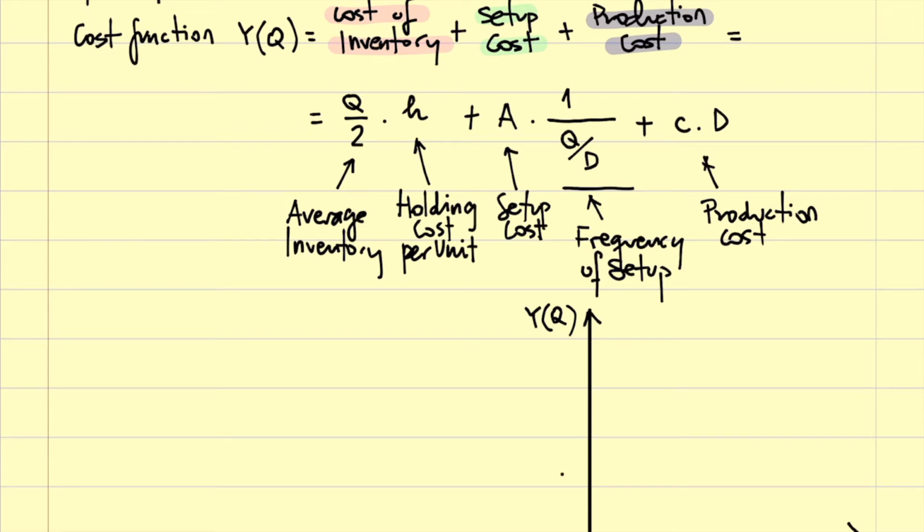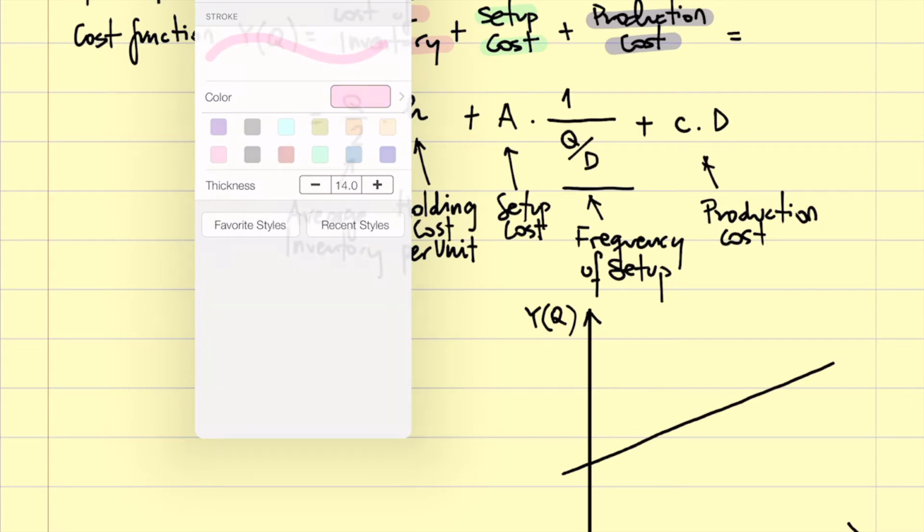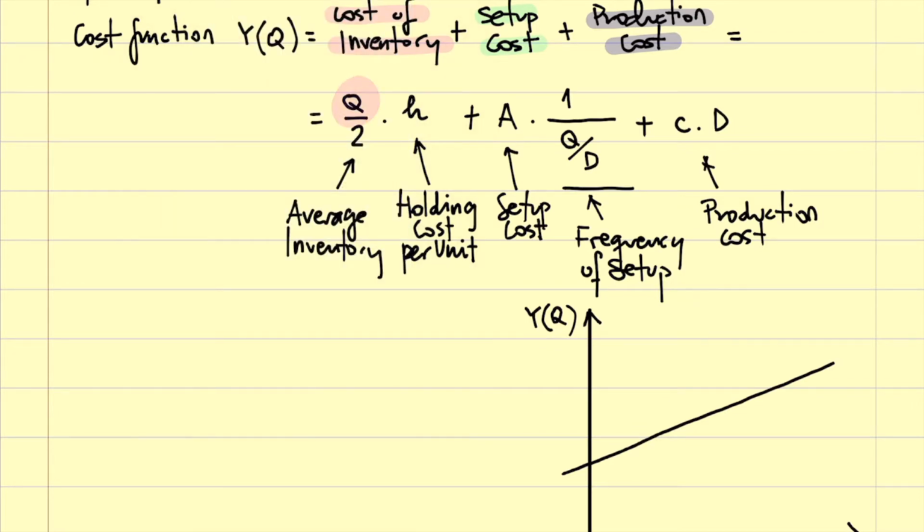The rosa is a function that is linear, because it has Q here. So it grows with Q linearly.